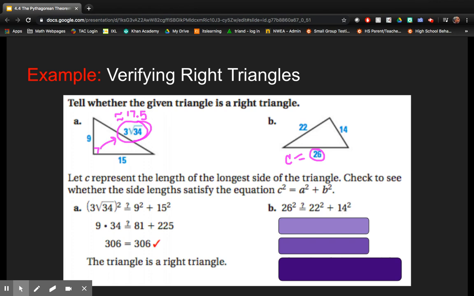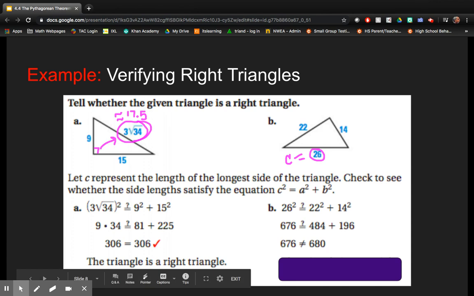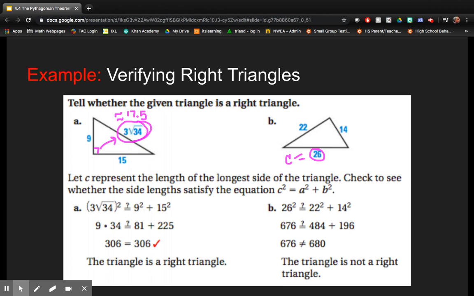Well, if I square those numbers, I get 676, 484, and 196. Adding together 484 and 196, I get 680. 676 is not equal to 680, and because the Pythagorean theorem fails, that means this triangle is not a right triangle.